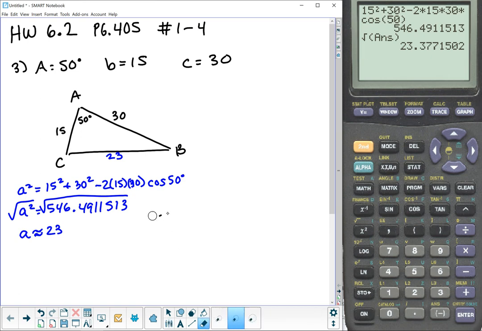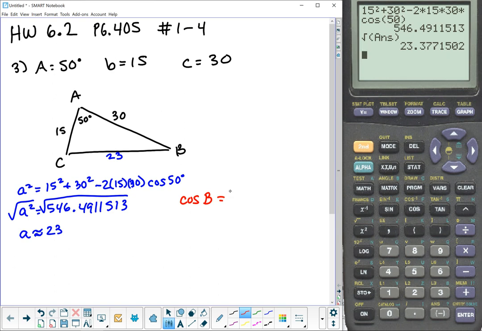Once I have all three sides, now I can go ahead and do angle A, or sorry, angle B or angle C. So I'm going to just do angle B. I'm going to start with cosine of angle B equals, and we have plenty of practice with this on number 1 and 2.